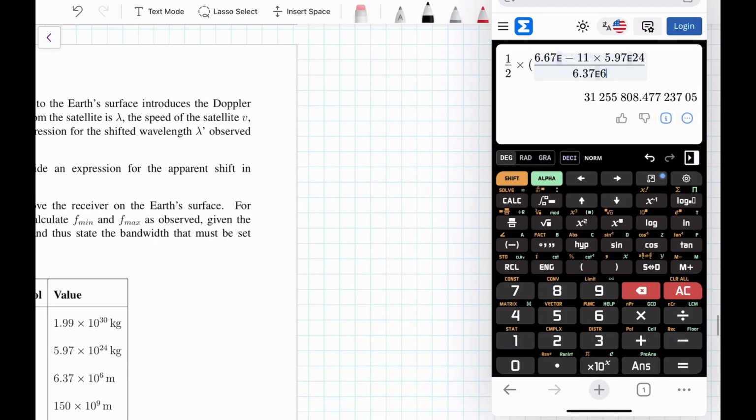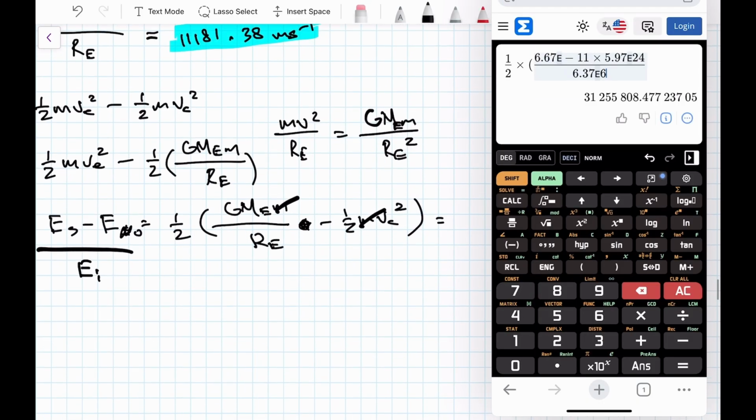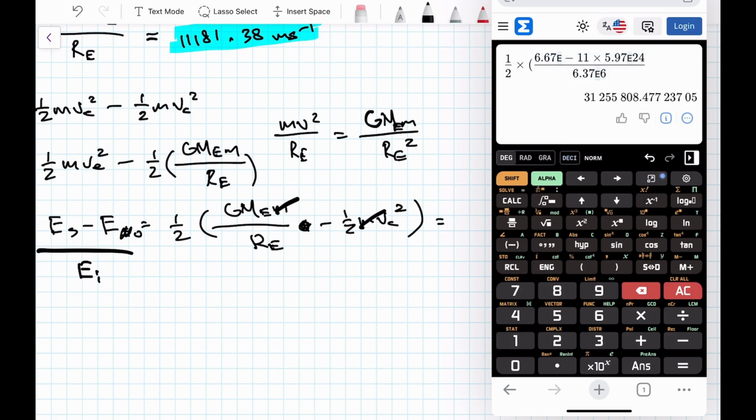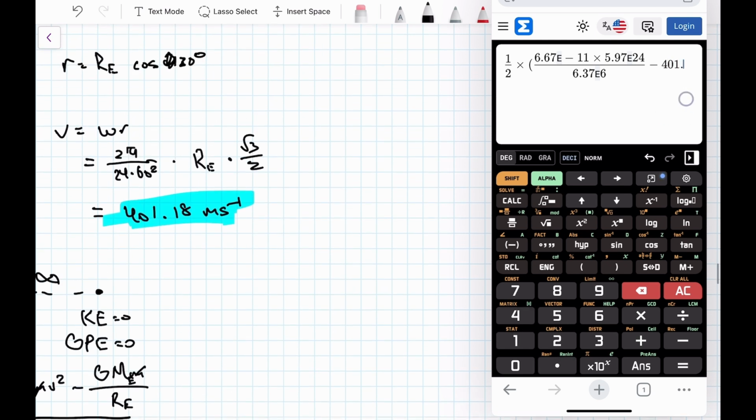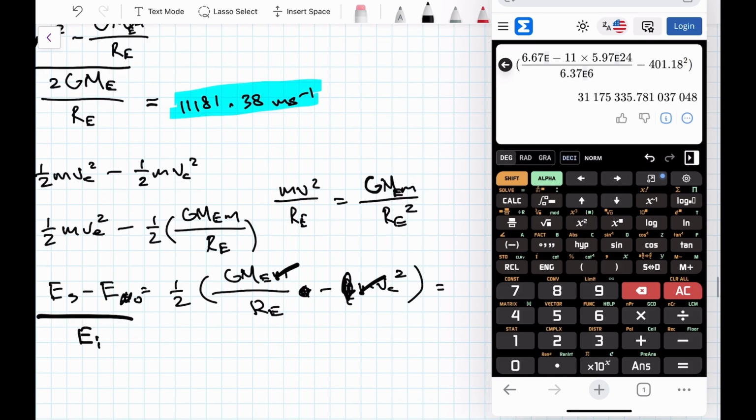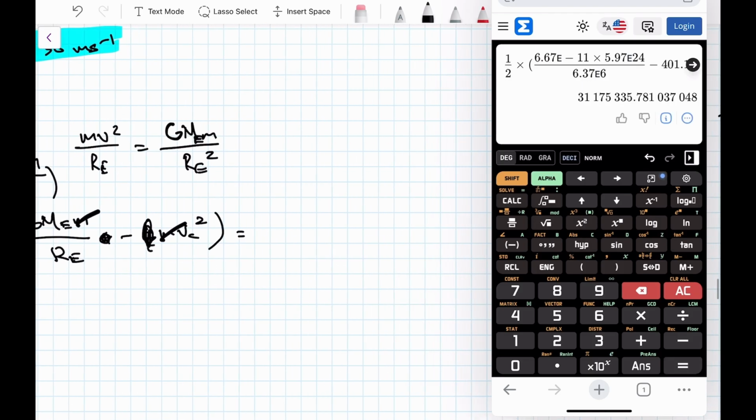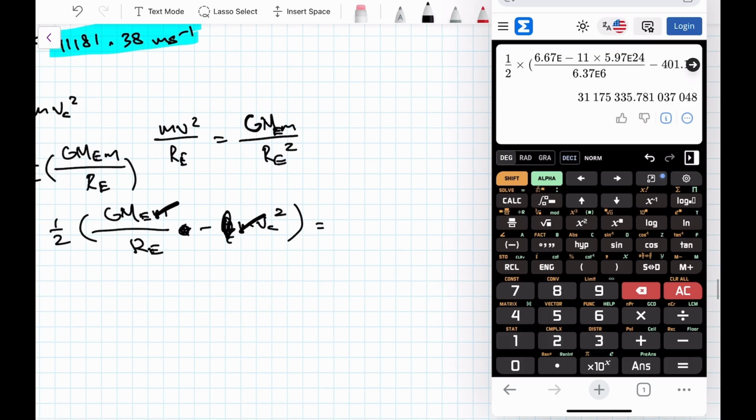Okay, and then minus, we factor out the half, so just v_C squared, which is 401.18 squared. Now, that is equal to 3.12 × 10^7.